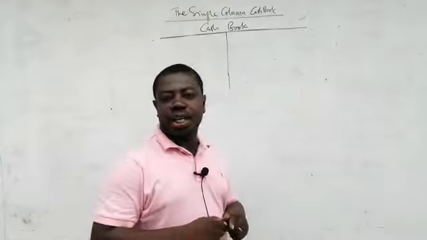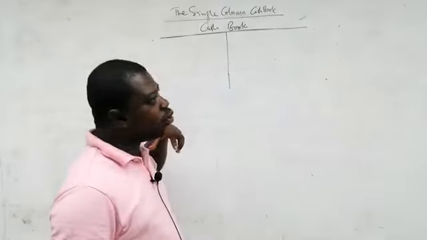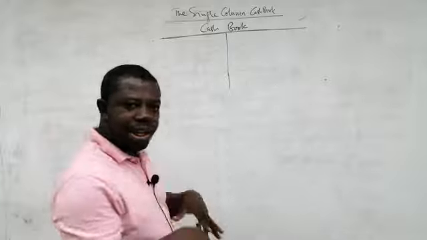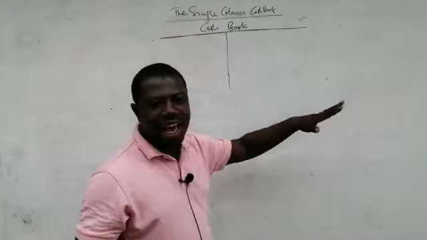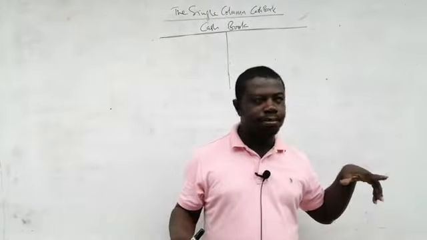Now, what I want you to understand is that the debit side of the cash book is for all cash inflows, and the credit side is for cash outflows. So when cash is coming into the business, we debit the cash book. When cash is going out, we credit. And our focus is on only cash because this is a real account.